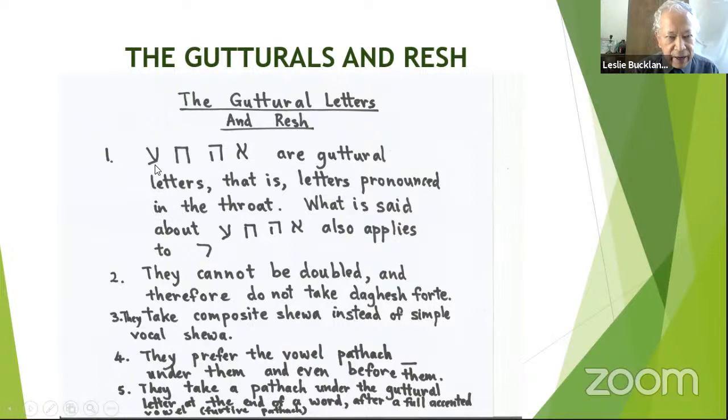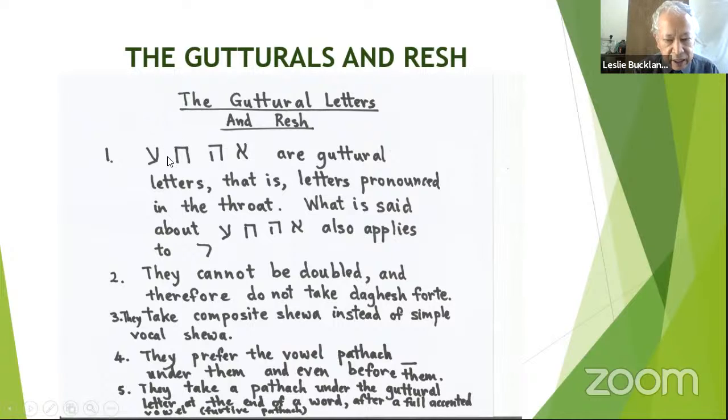So when you have ayin coming at the end of a word, you will find the pathak underneath it. And that is also true if the ayin or some other guttural letter is preceded by a full accented vowel. Okay, there is a vowel before it that has the accent.